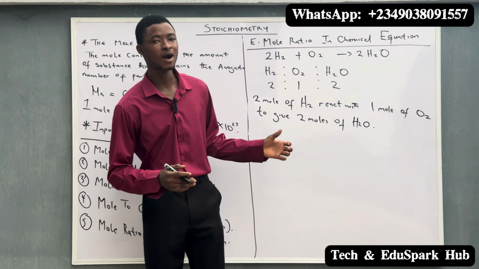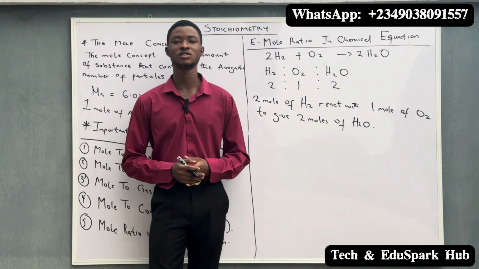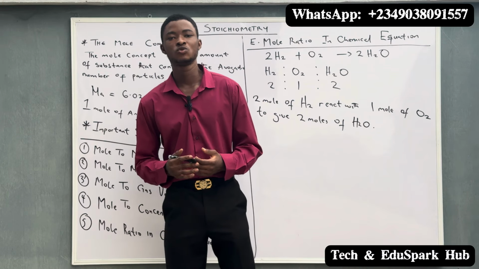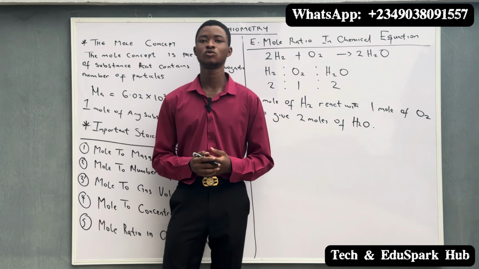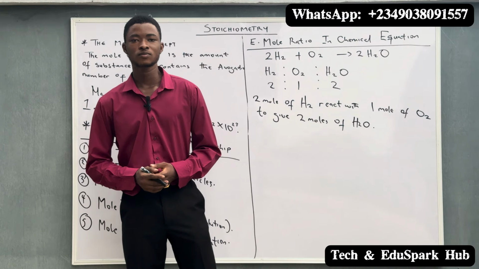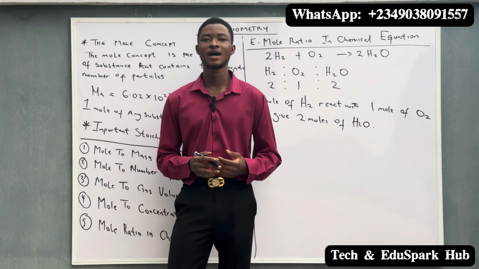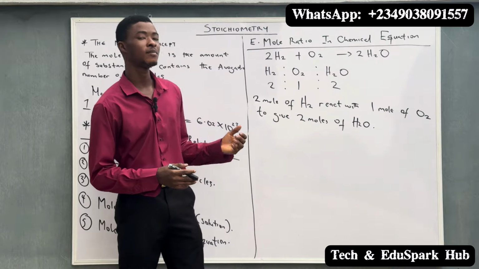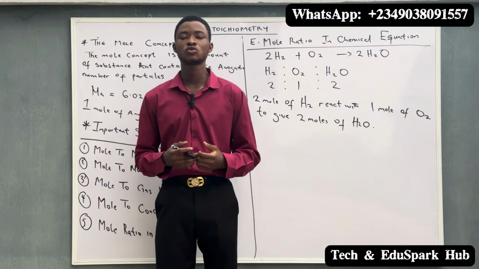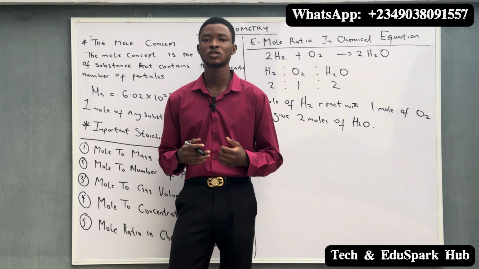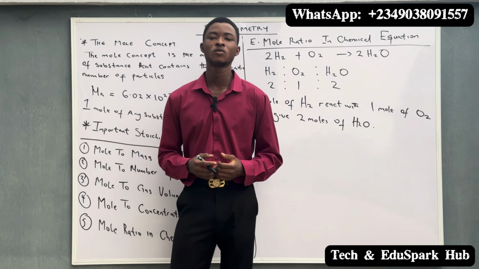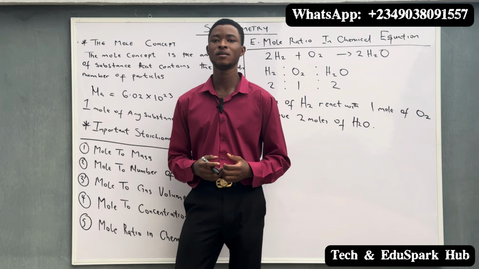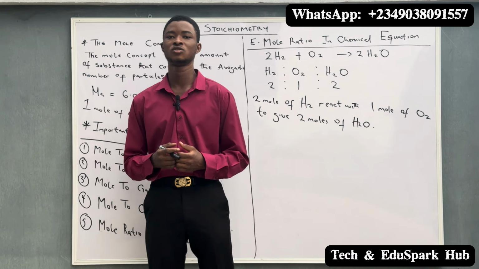Once you understand the basics, no matter how they twist questions in stoichiometry, you'll be able to figure it out. In our next video, we'll be looking at the second part of stoichiometry, focusing on mole ratio in chemical equation calculations, and also at how questions are twisted under stoichiometry. So master these basics very well, so when we get to the second part, you won't have any problem solving any question under stoichiometry.